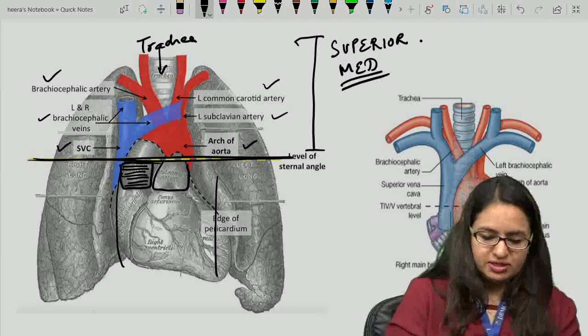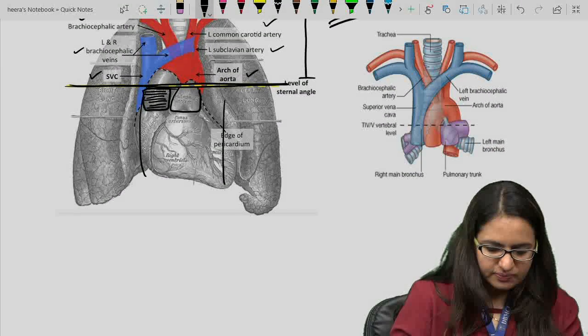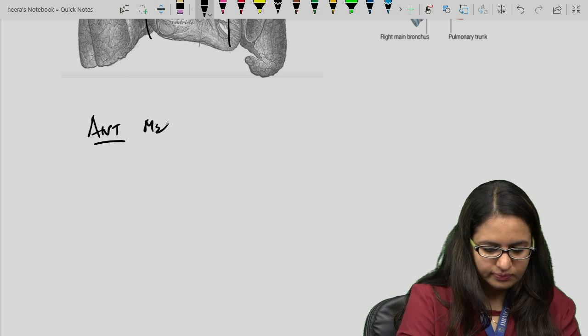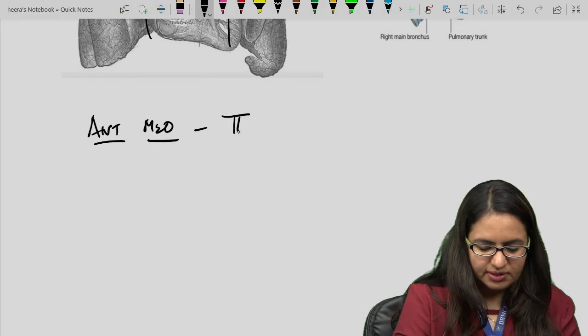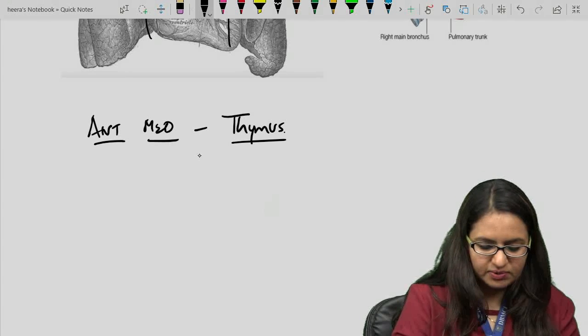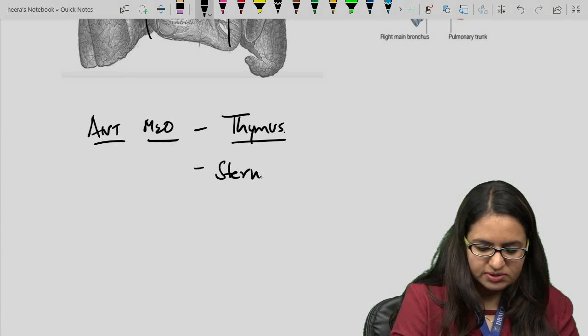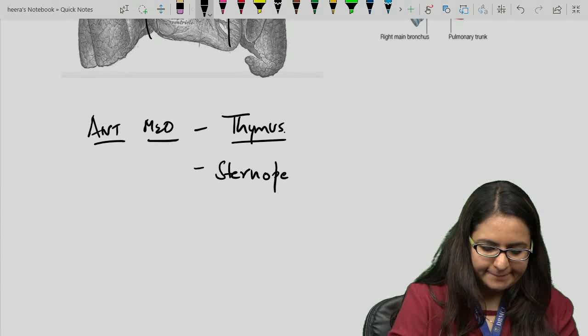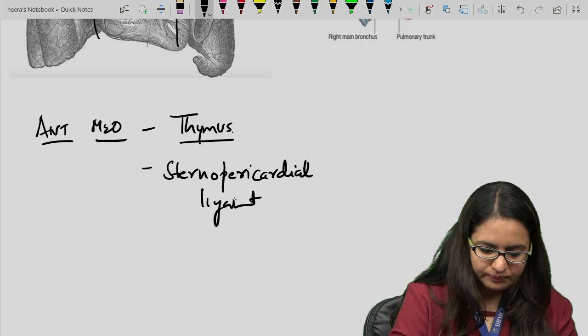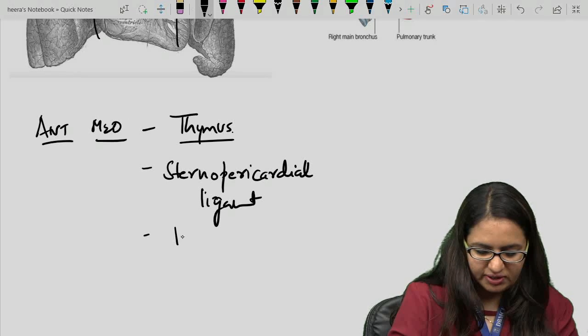If we talk about the anterior mediastinum, its contents include some portion of the thymus, or we can say the lower portion of the thymus, then the sternopericardial ligaments, along with the mediastinal branches of the internal thoracic artery.